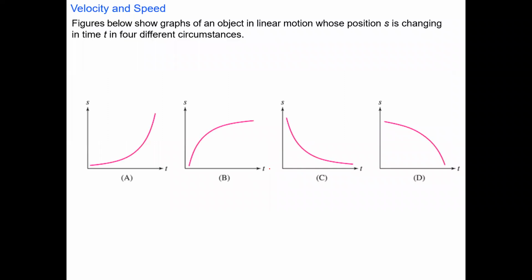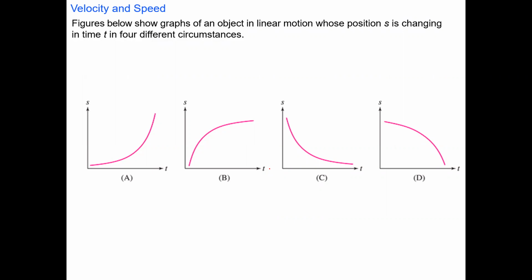Okay, now let's talk a little bit about the velocity and speed. We have four different situations, four different circumstances. All of the graphs represent them. That's the situation of the object moving in linear motion, and that's the position function, which is changing with respect to time.